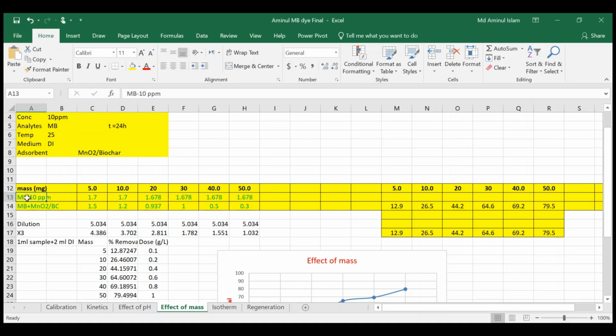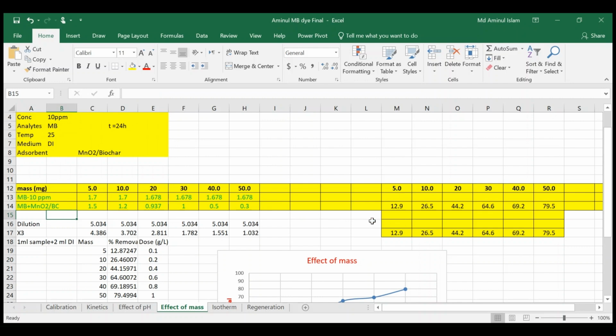10 ppm methylene blue standard solution absorbance, and then absorbance of methylene blue plus manganese dioxide biochar composite. These are the absorbance.